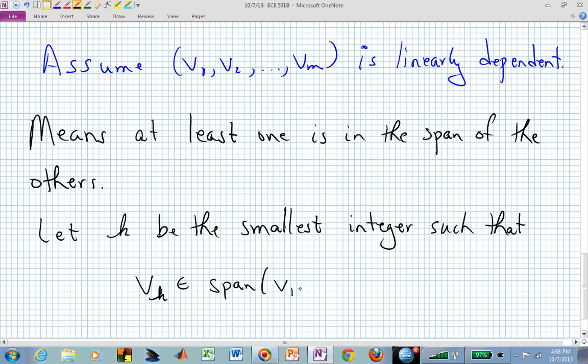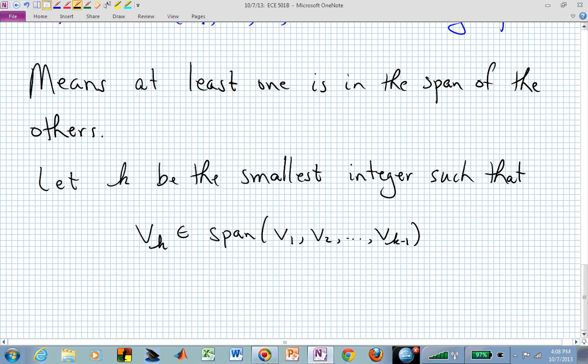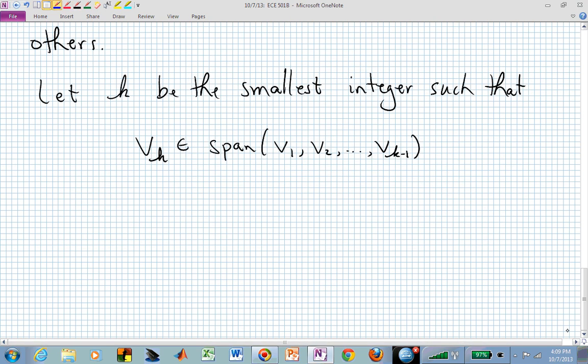And these are eigenvectors. So let's find the first k, or the smallest integer k, such that this is true. Now, if that's the case, we can write v sub k in terms of those k minus 1 vectors.